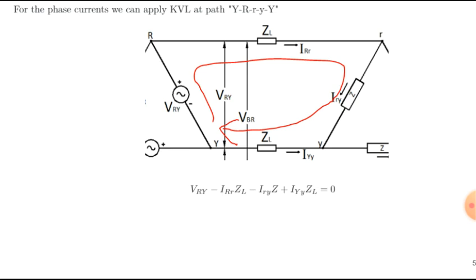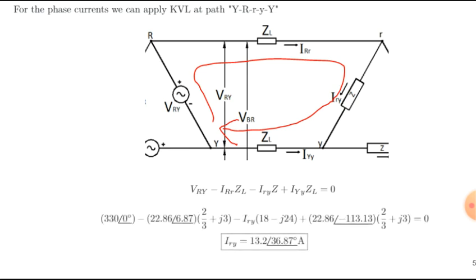Then we already know the line values, so the only unknown here is IRY. We can solve for IRY, and we will come up with 13.2 angle 36.87. Then after that, you can use any loop or any path. After that, you can use KCL to solve for the other values of the phase current.